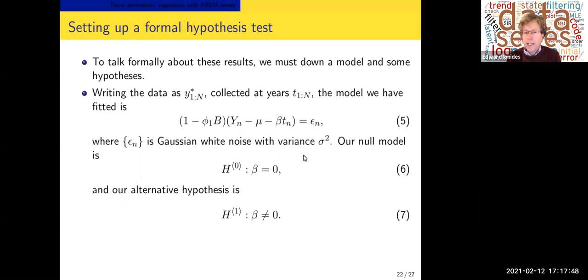The form of the mean is mu plus beta t_n, and so this is the general form of the regression with AR1 errors, and epsilon is going to be Gaussian white noise with variance sigma squared, because we might want to do likelihood-based inference, so we do need to make a parametric assumption about the white noise. And then our null hypothesis is beta is 0, and our alternative hypothesis is beta is not equal to 0. And now we've set up our hypothesis, we're in the business of doing a test.